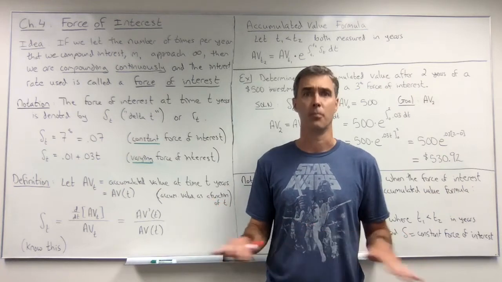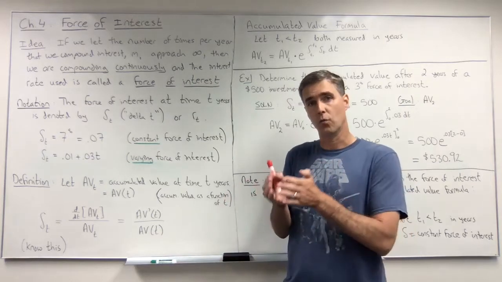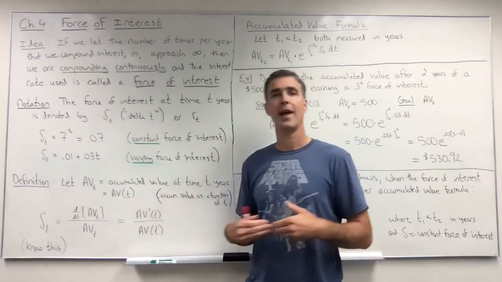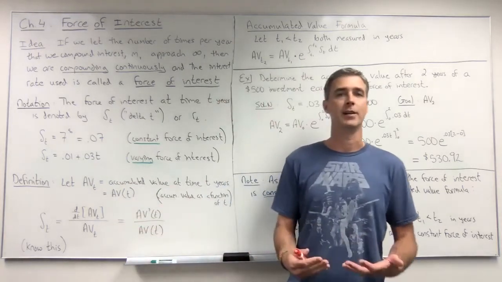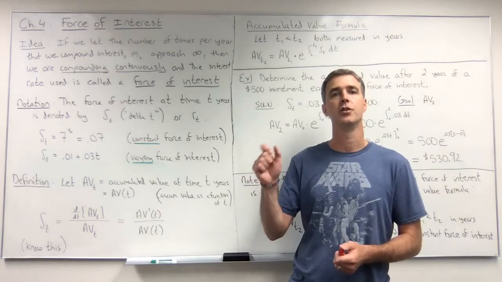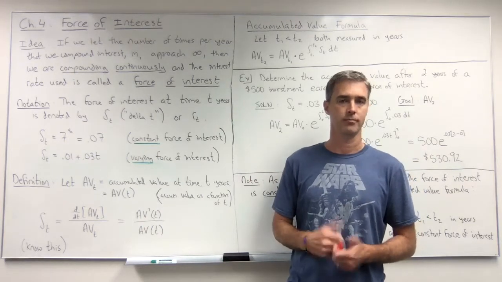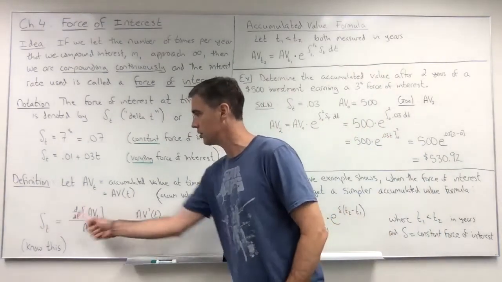That's like 0% for him, right? So in order to make that rate of change, that derivative, have some context for us, we'll divide by the total amount of money in the account at that time. So that's going to give us a percentage instantaneous rate of change, right? The force of interest. Okay, so that is the definition of delta t.